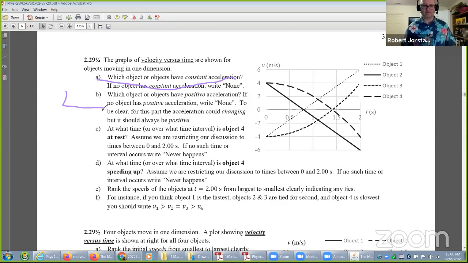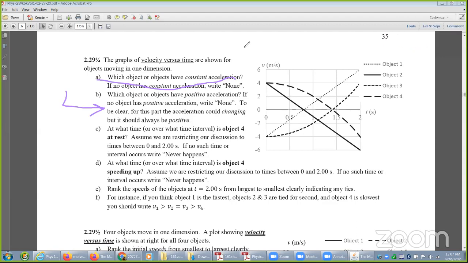Okay, so how about this one? Which object or objects have positive acceleration? Now, to be clear, the acceleration could be changing, but it should always be positive. Do you see any of those? What do you think? Anybody? Give me a second. Okay, I'll give you a second.